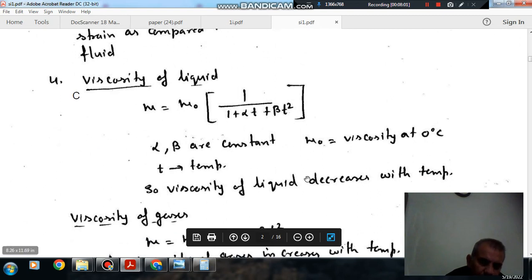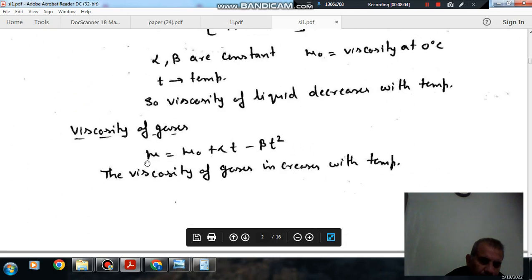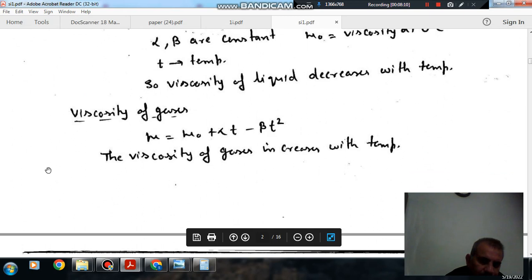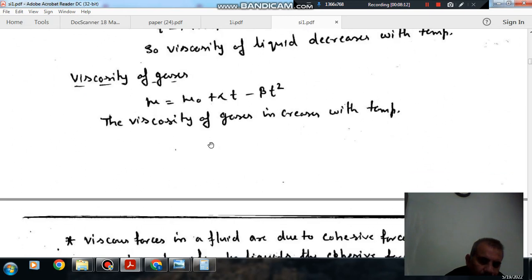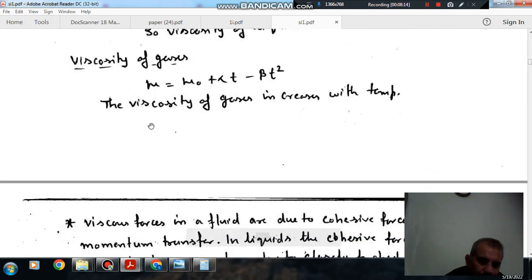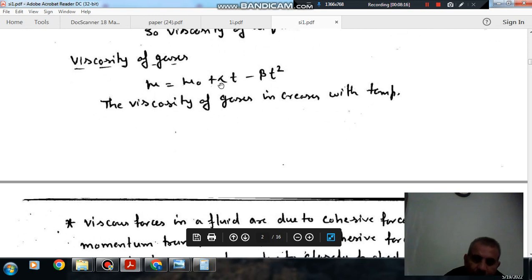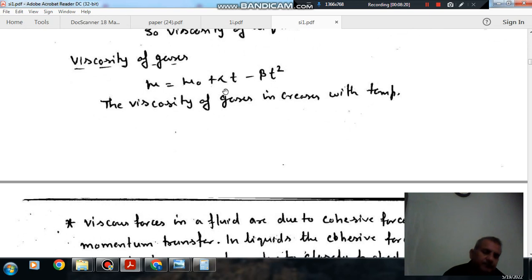So viscosity of liquid decreases with temperature, and for gases mu is equal to mu naught plus alpha t minus beta t squared. So viscosity of gases increases with temperature, because when the temperature is increased, mu will also increase.